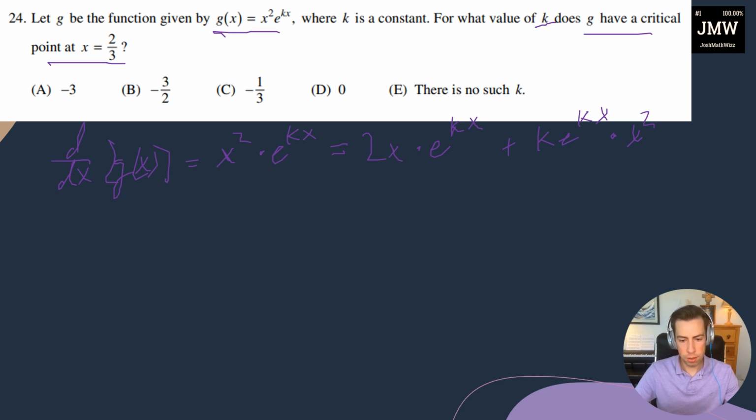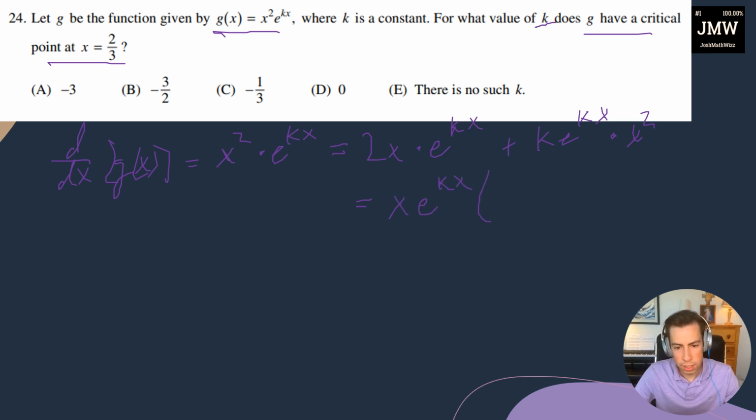All right, so now what I want to do is set this all equal to, well, actually first let me clean it up a little bit. So I can factor out, let's see, what can I factor out? I can factor out an x e to the kx here.